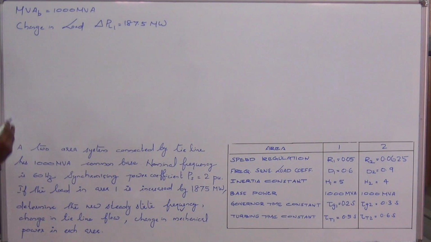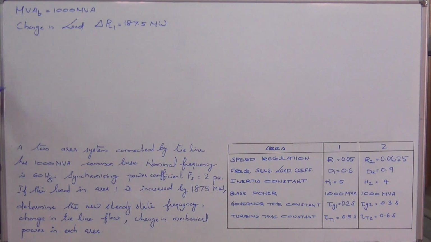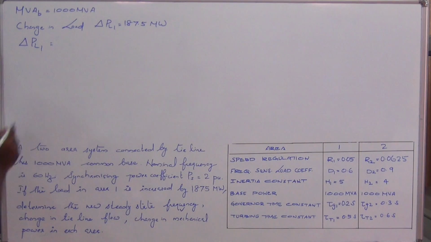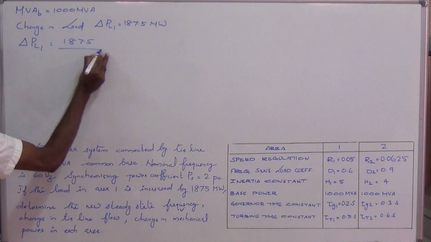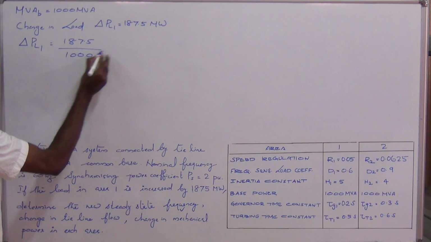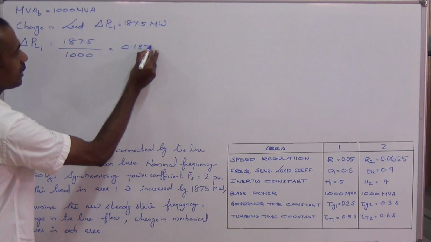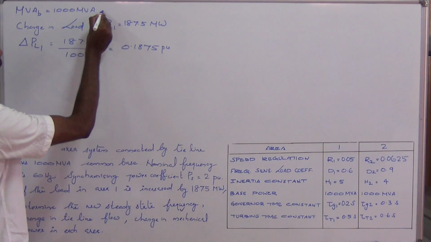What is the per unit change? Let me write delta PL1 in per unit. This is equal to 187.5 divided by the base MVA. The base MVA is 1000 megawatt. So this is equal to 0.1875 per unit.